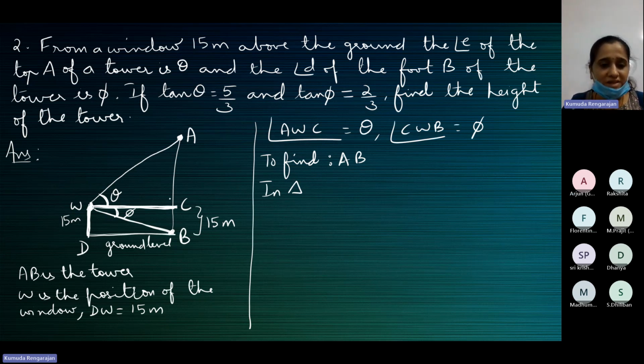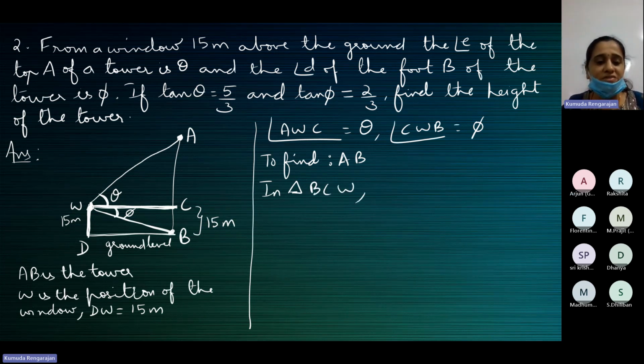You can also take ACW, but in ACW I only know theta and nothing else. So I'll not take that first. Let's take the other triangle, BCW. In BCW, we know two things, phi and 15. Wherever we have more information, we'll try that first. So in triangle BCW.